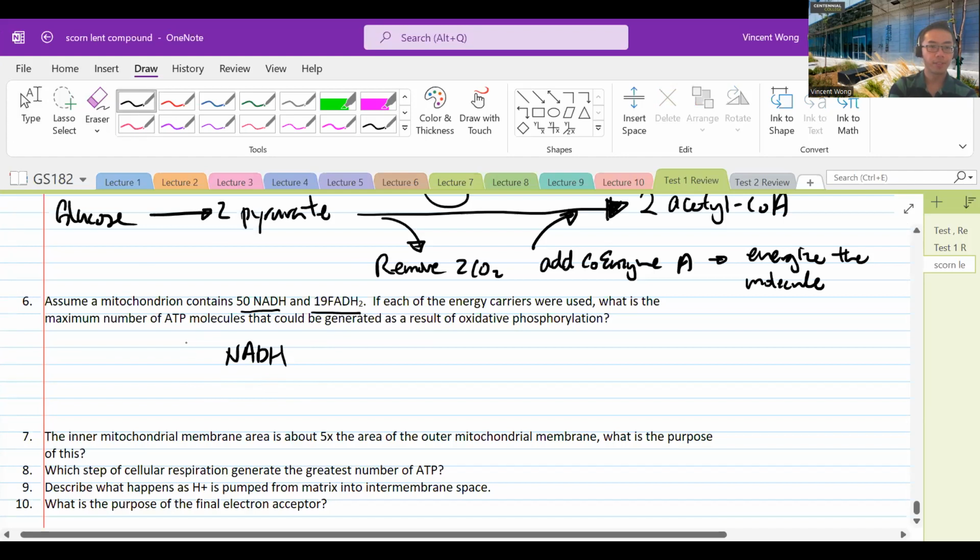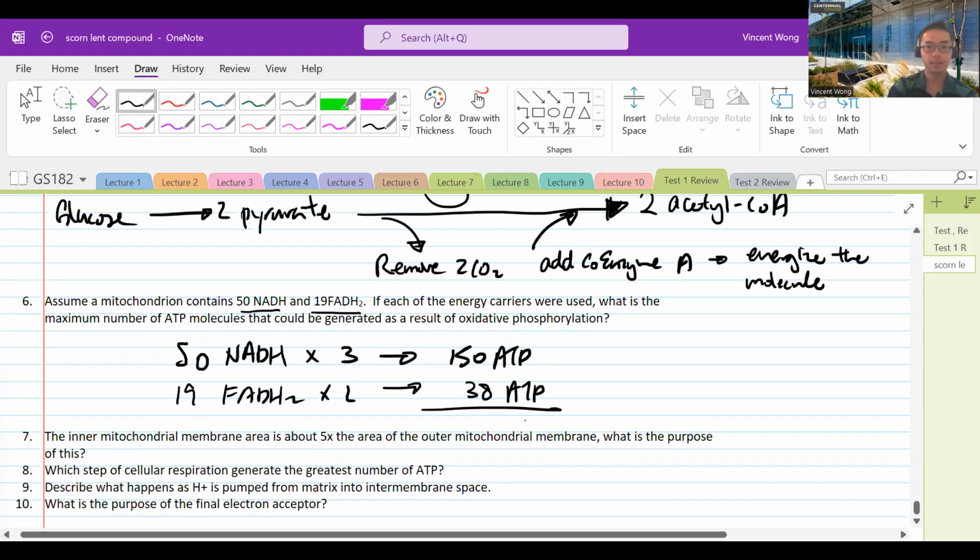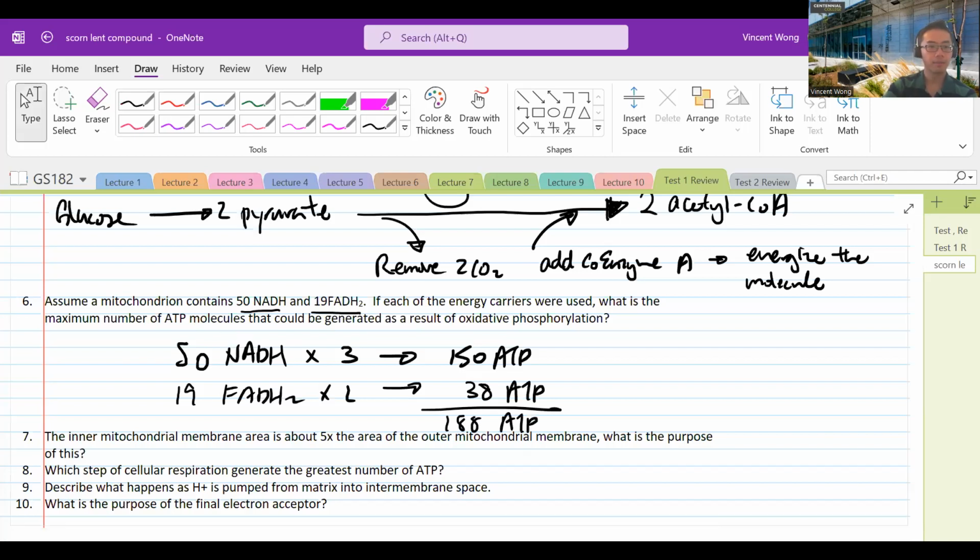NADH is 50, and we times 3, which gives me 150, right? Because each NADH can pump enough hydrogen to generate 3 ATP, whereas the FADH2 is times 2, which gives me 38. And if we add them together, that's how we get the 188. Very good.